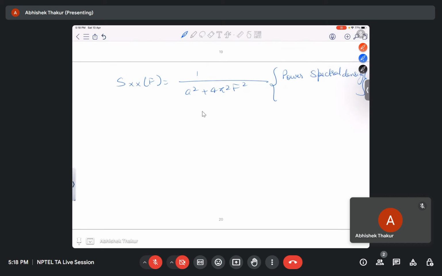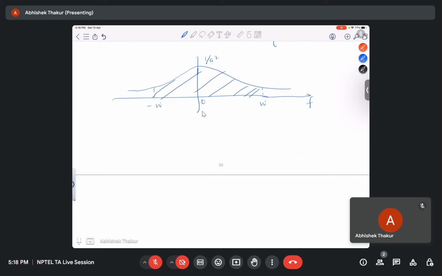Now the plot for this will be something like this, and at value 0 it will be 1 by a squared. So the 90% of the power will be from minus omega to omega. Okay, so what is it asking in the question?